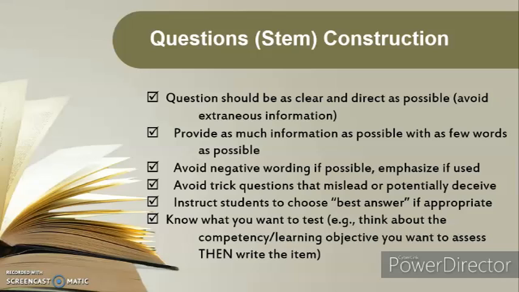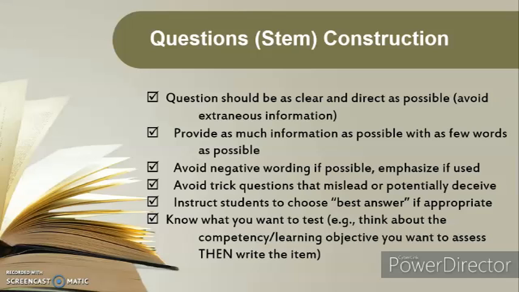For the question stem construction, the question should be as clear and direct as possible, meaning avoid extraneous information, and provide as much information as possible with as few words as possible.